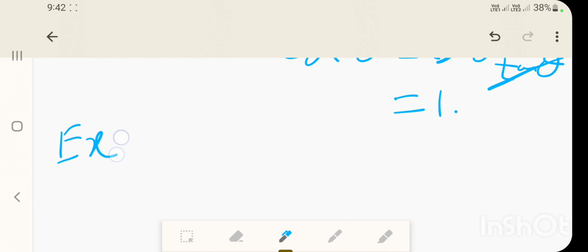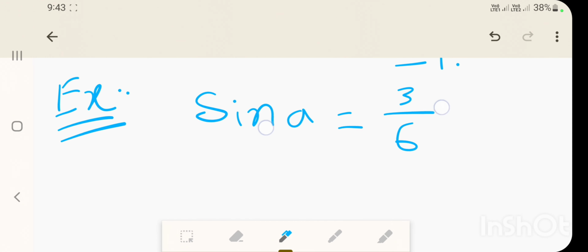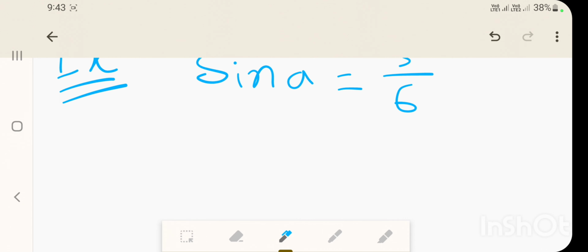In the example problem here, they have given sine A. It can be small a, or capital A, or theta, anything, it is an angle. We know sine is the opposite side length divided by the hypotenuse.